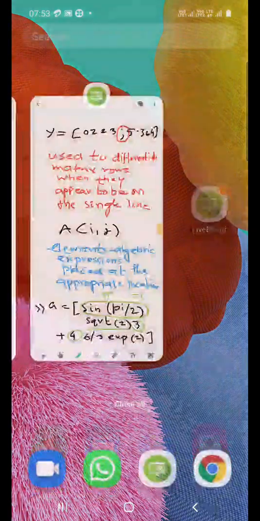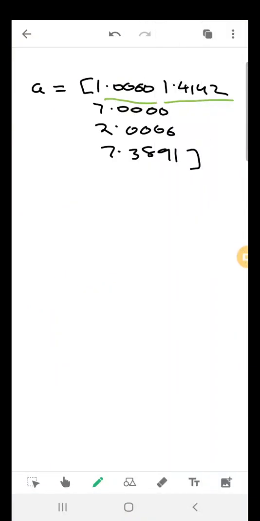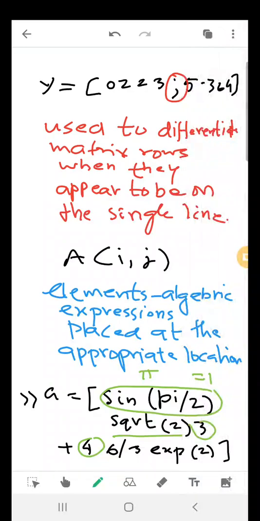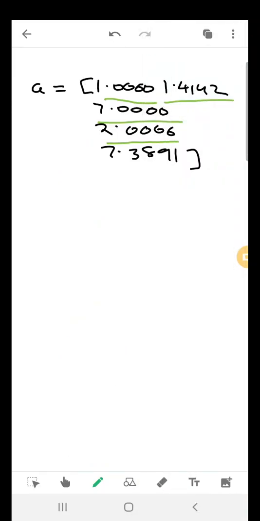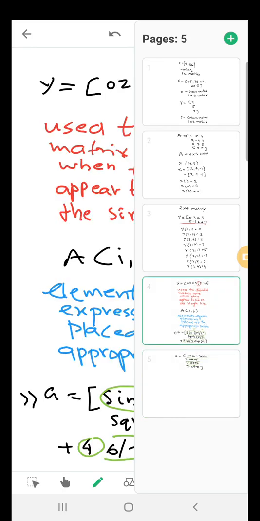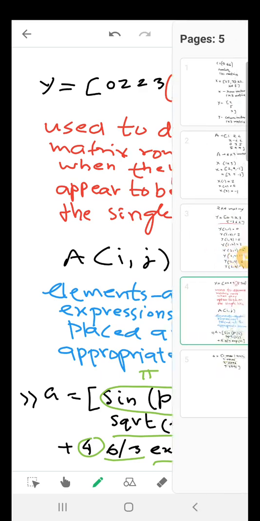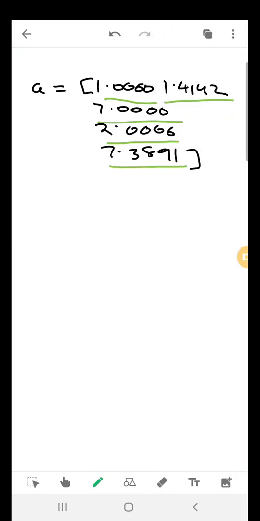Then you have 6 by 3, which is equal to 2. And lastly, the last expression was exponential 2, which is 7.391. So this is how you can represent the matrix.